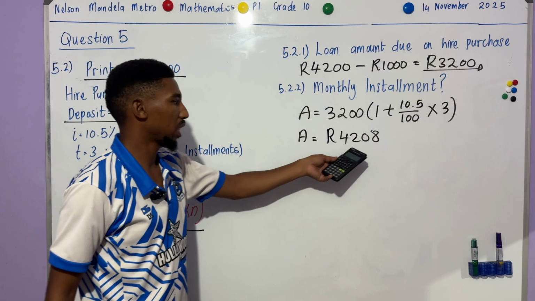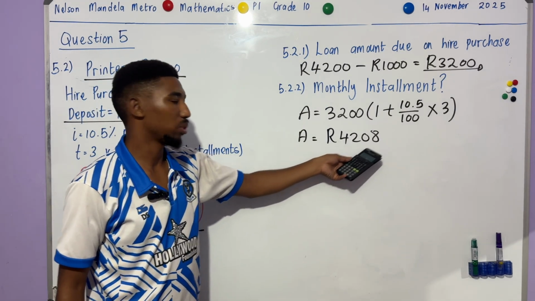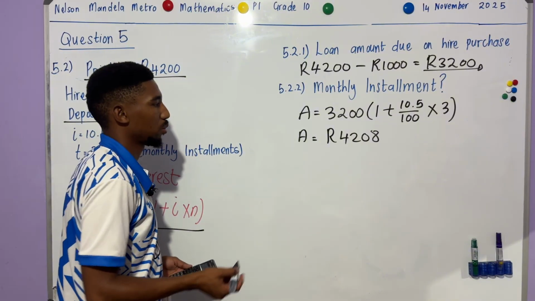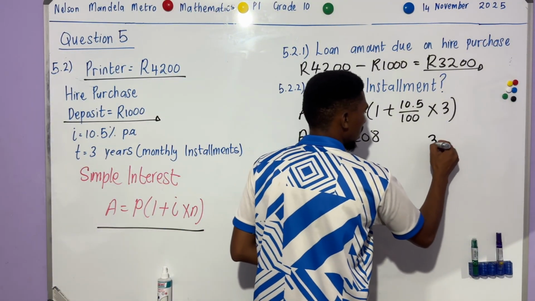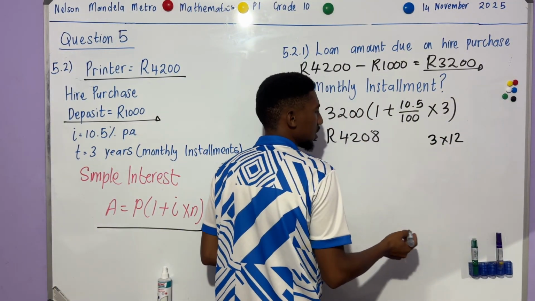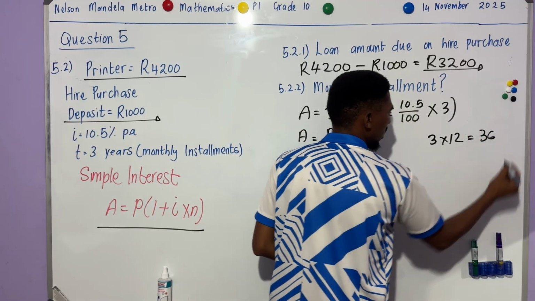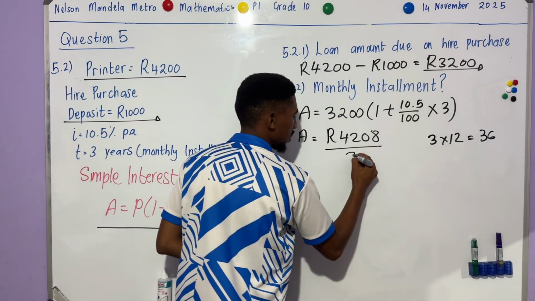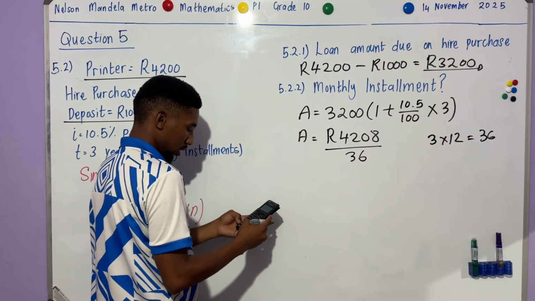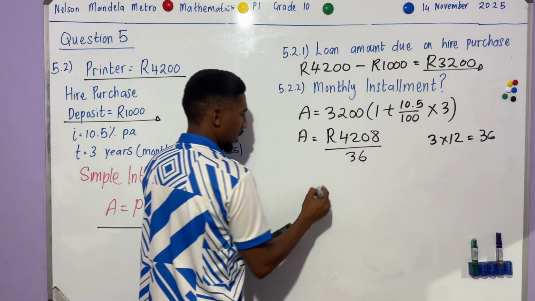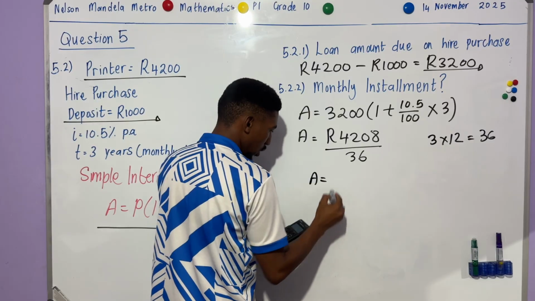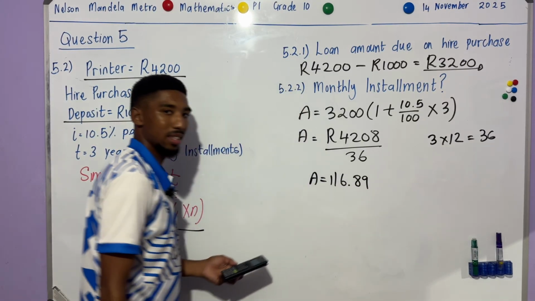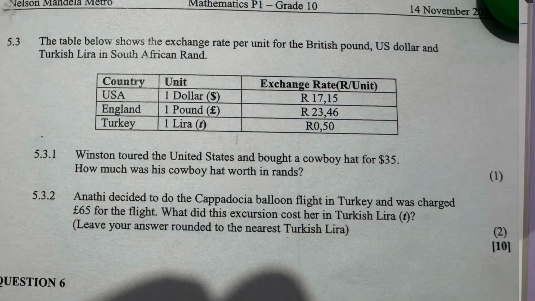But this is payable over 3 years, but we need to pay it in monthly installments. We need to ask ourselves how many months are in 3 years, and we know 3 times 12 is 36. So we need to divide this 4,208 into 36 months. So we say 4,208 divided by 36, and we get the monthly installment of 116.89.